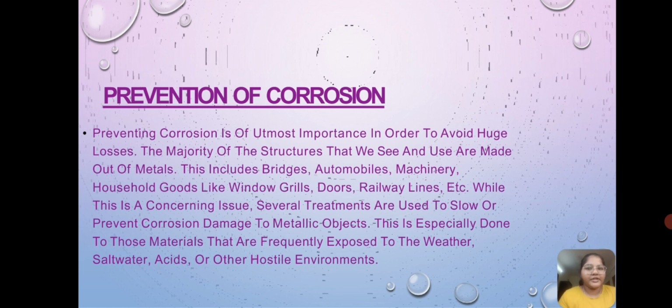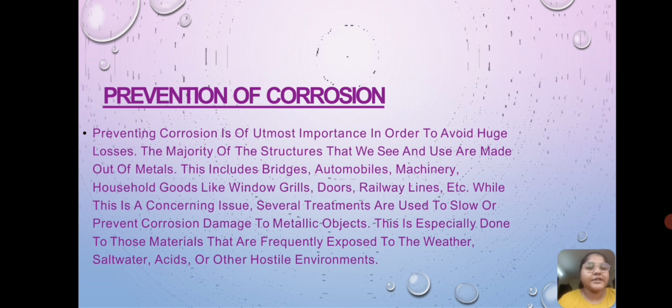Prevention of corrosion. Preventing corrosion is of utmost importance in order to avoid huge losses. The majority of the structures that we see and use are made out of metals. This includes bridges, automobiles, machinery, household goods like window grills, doors, railway lines, etc. This is a concerning issue.